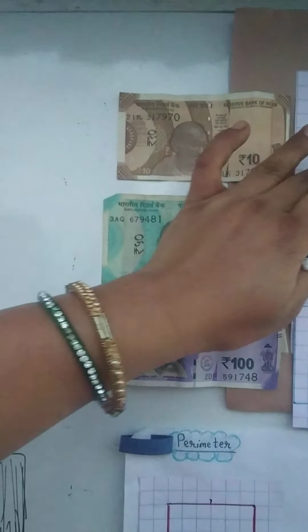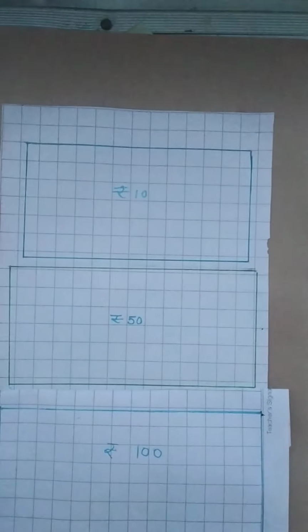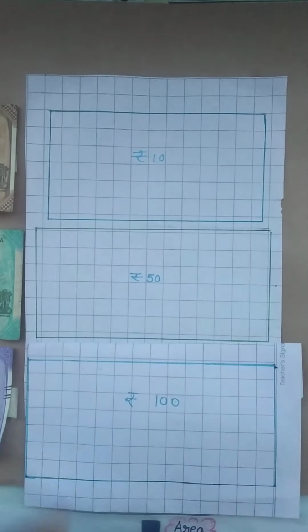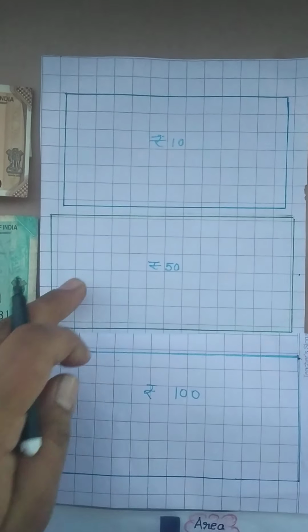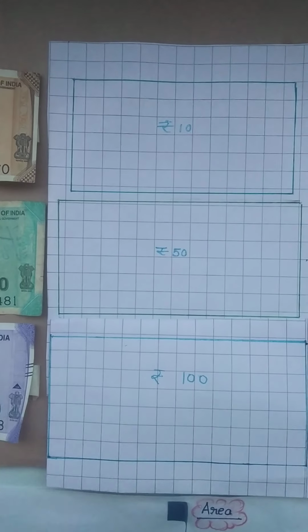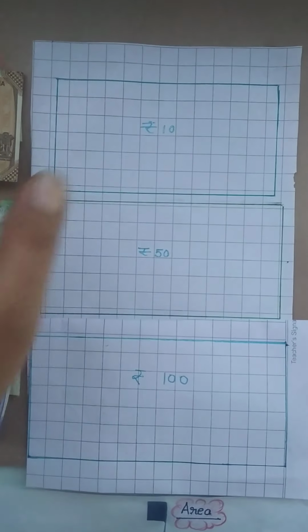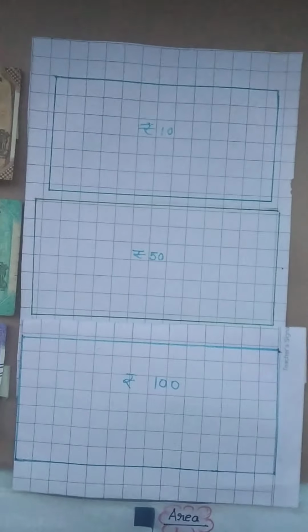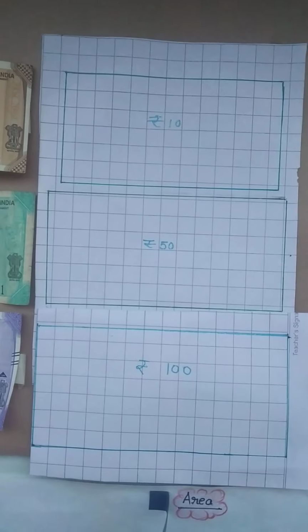Now we can also trace the 10 rupee note and 50 rupee note on the 100 rupee note on a square grid, and we can calculate the area of the given notes. Okay, this is your work. You just trace the 10 rupee, 100 rupee, and 50 rupee notes on a square grid and calculate the area of these notes.